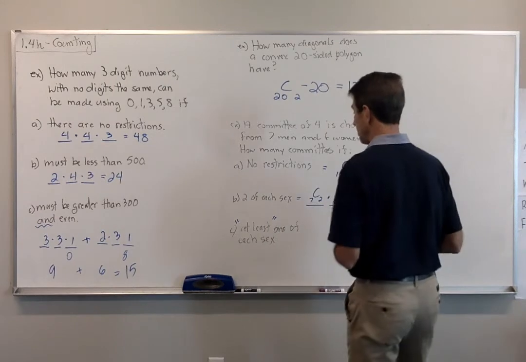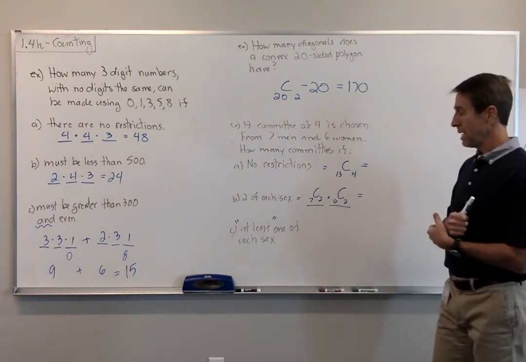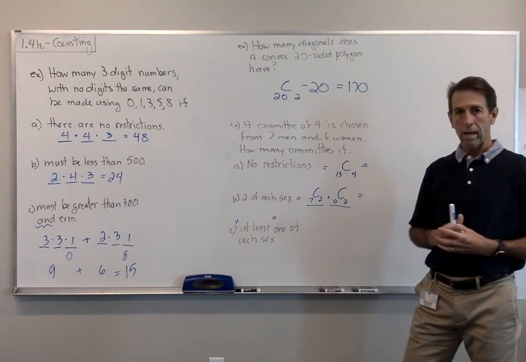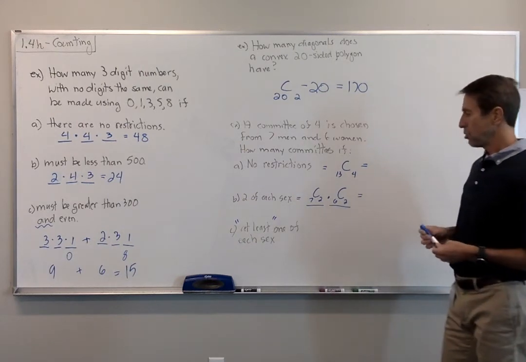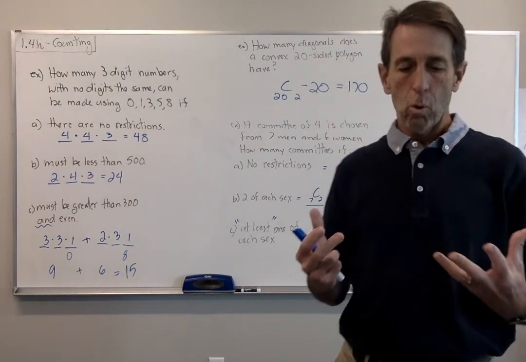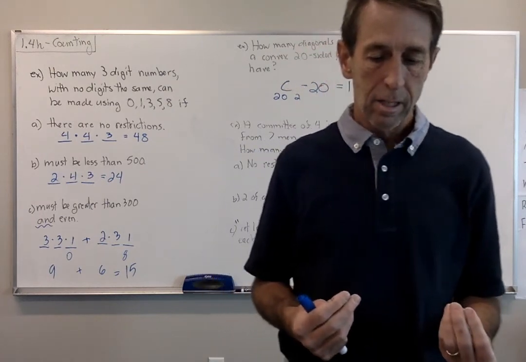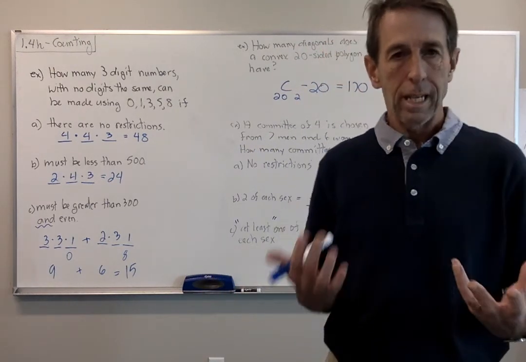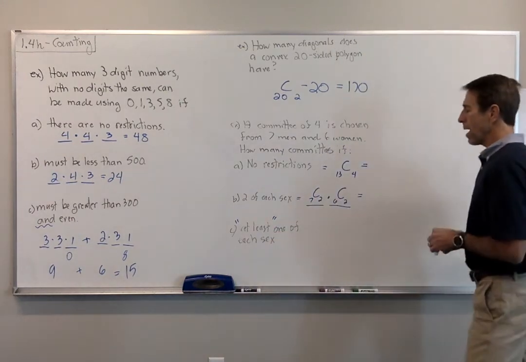But another option is coming through the back door: think of a full group and then subtract. So instead of at least 1 of each sex, I would come up with the total and subtract the cases where there are either no men or no women. Now, I don't think it's really that much better, but I'm going to go about it that way.